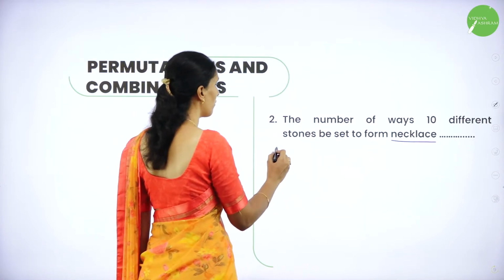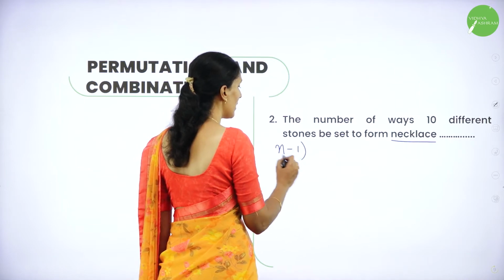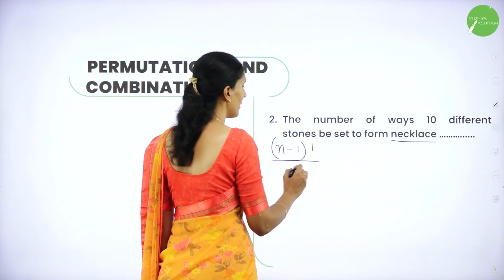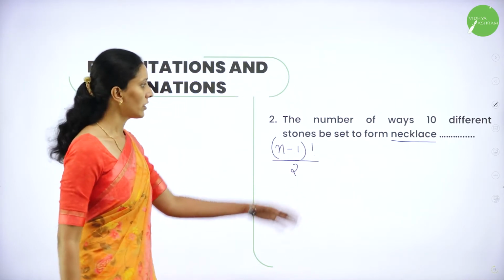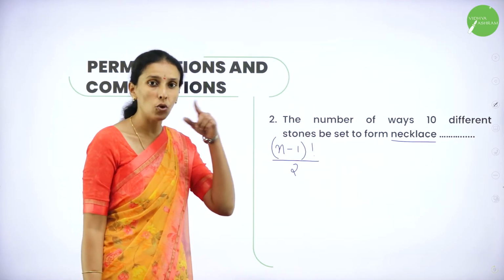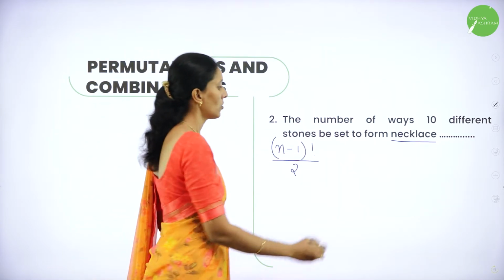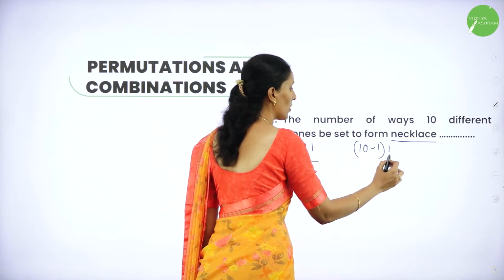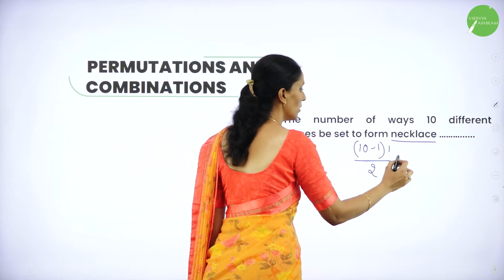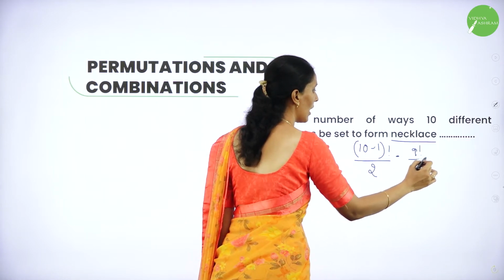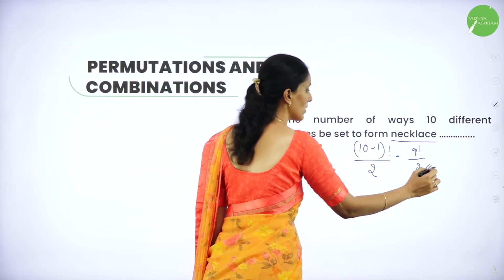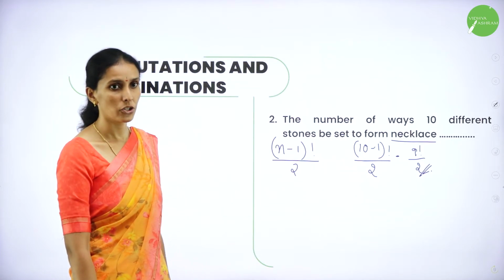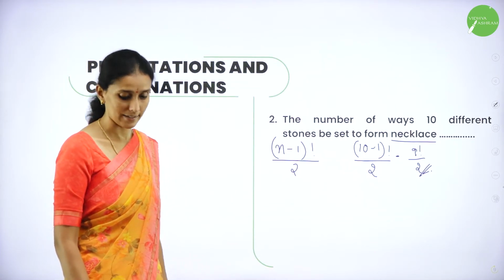So your formula is always (n-1) factorial divided by 2. For this question, we have 10 stones to be strung in the necklace. So it is 10 minus 1 factorial divided by 2, which is 9 factorial divided by 2. This is my answer in case of a necklace.